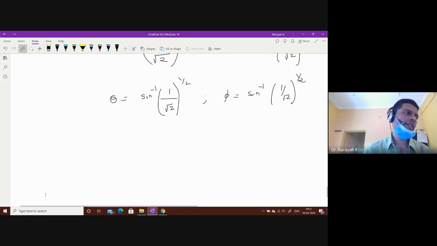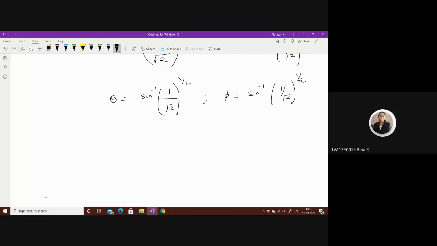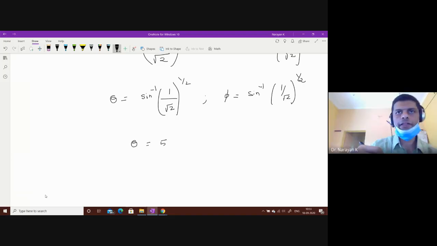So how much will you get for theta? 57.234 degrees. Very good. 57.23. Can I write like this?